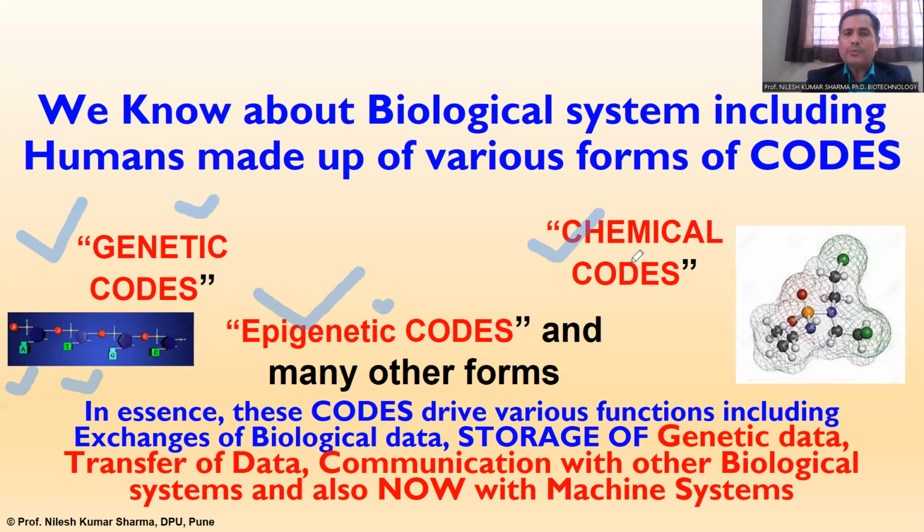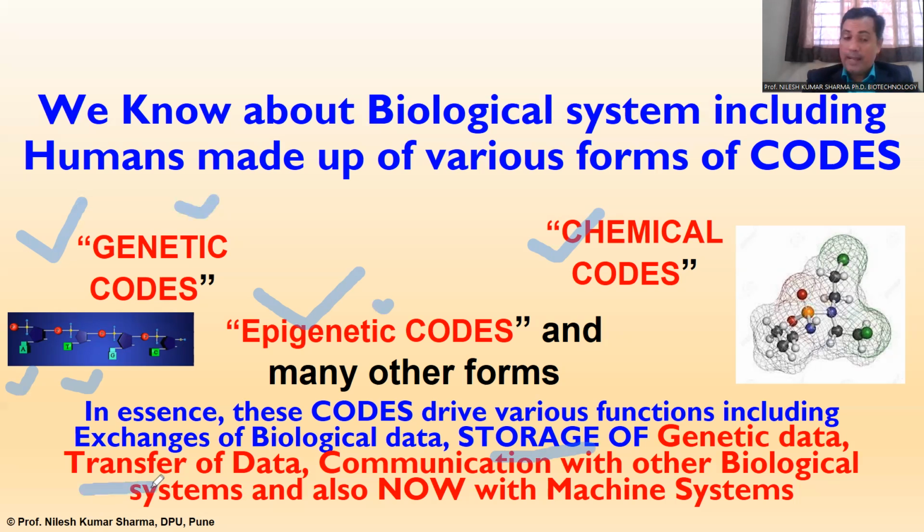So in a sense, we can say these various forms of codes actually perform functions. For example, exchange of biological data, like one cell interacting with another cell and interacting with their surroundings or environment. Sometimes we also refer to it as storage of data, storage like memory, emotion, etc., that can be stored in the biological cell system.